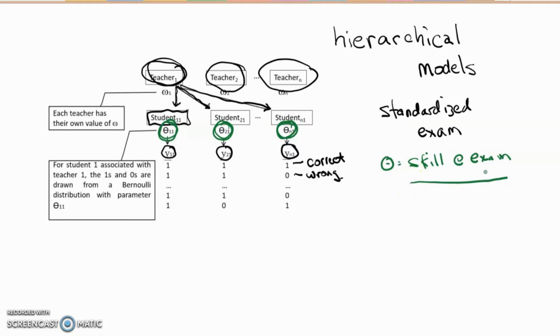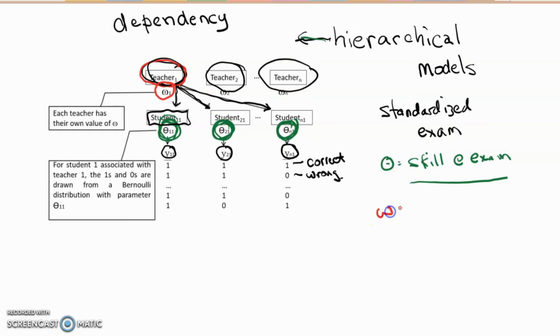at taking the exam. But there's something else that's really important here, which makes this a hierarchical model, and that's the idea of dependency. Because the skill of the student depends in part on the effectiveness of the teacher. And we're going to quantify that effectiveness as omega.